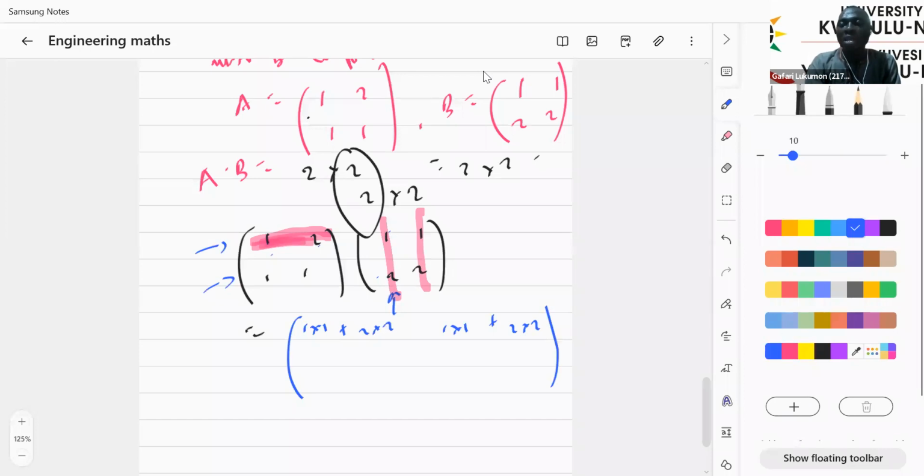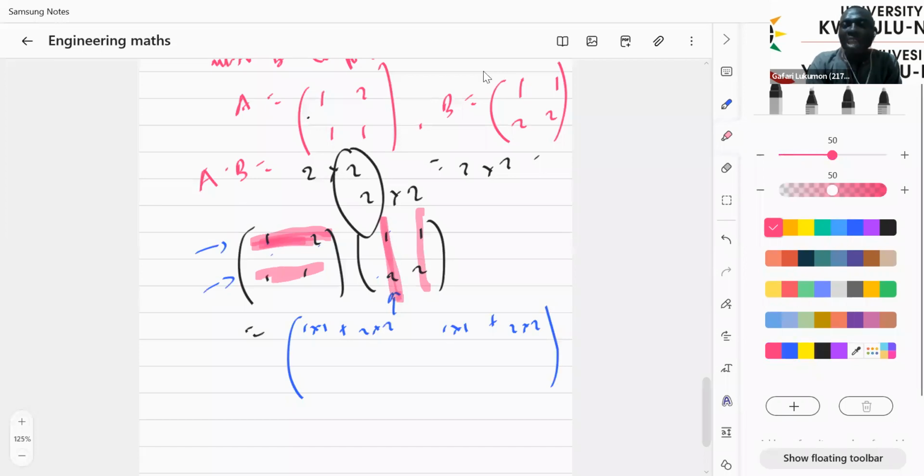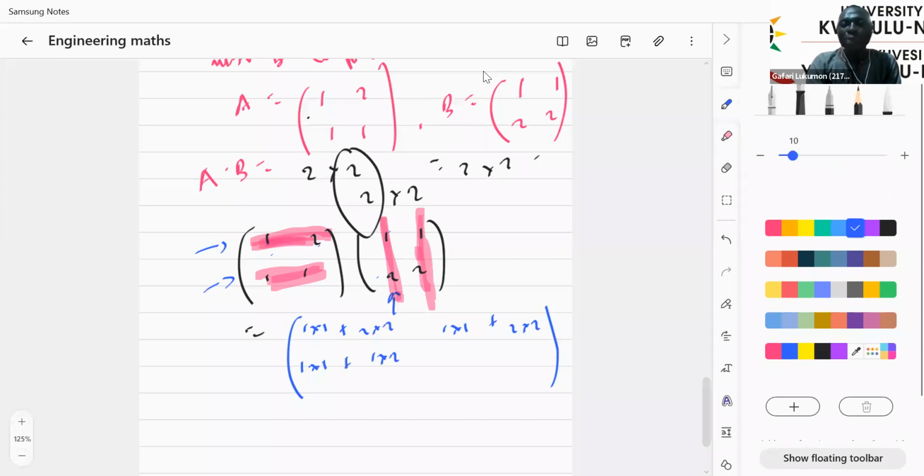So that is fine. Then you take the second row, you multiply it by the first column. That will be 1 times 1, plus 1 times 2. Don't forget, I said you multiply rows by columns. Then the same row, you multiply it by the second column.